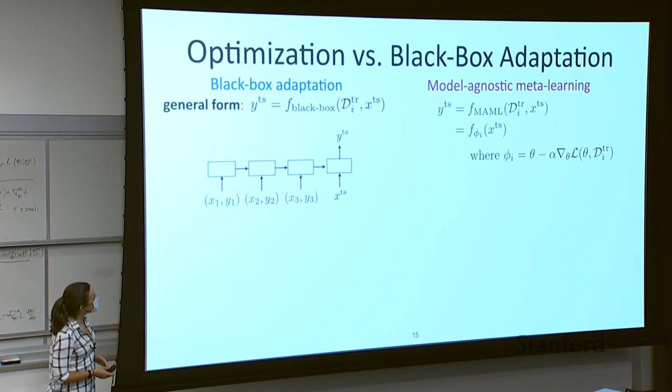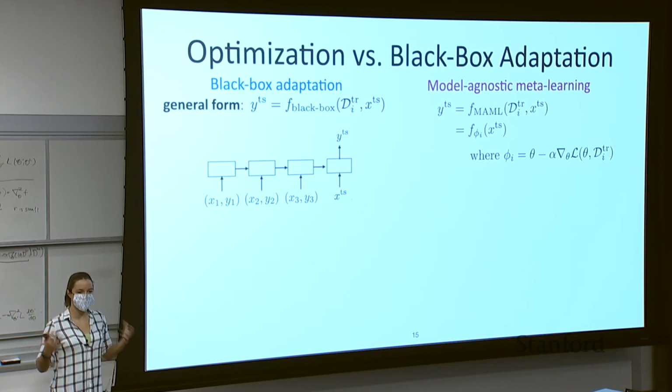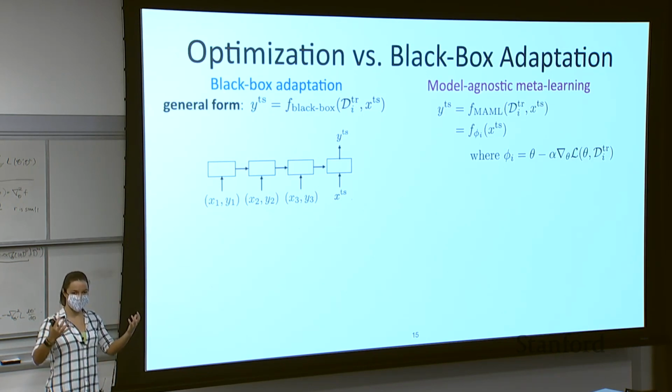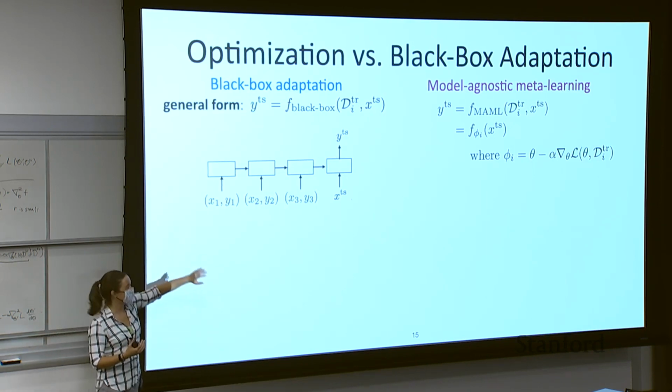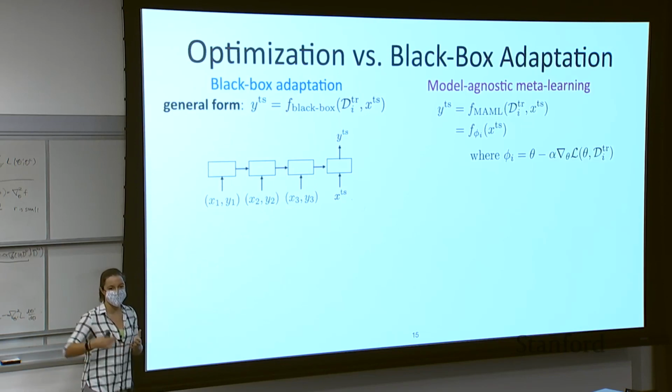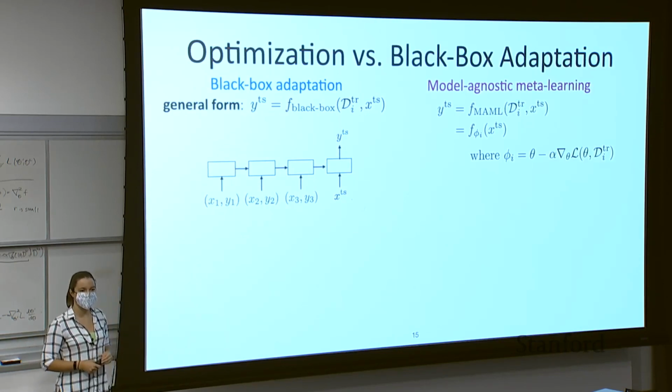In many ways, the general form is the same. Both of them are a computation graph that takes as input a training data set and a test input. But in one case, we're just passing all of that into a black box neural network, and in the other case, we're running gradient descent and evaluating the test input on the updated parameters.